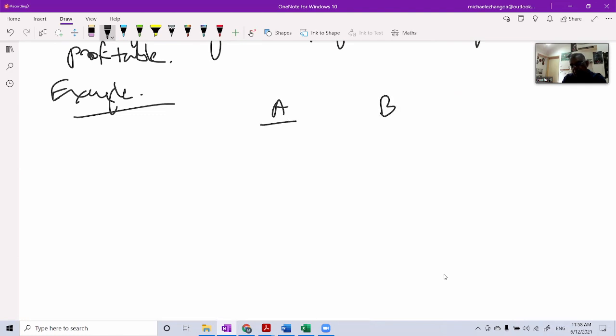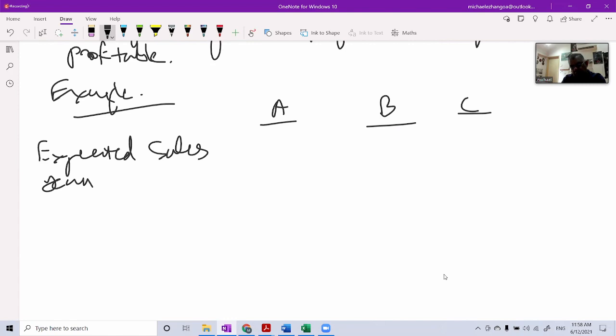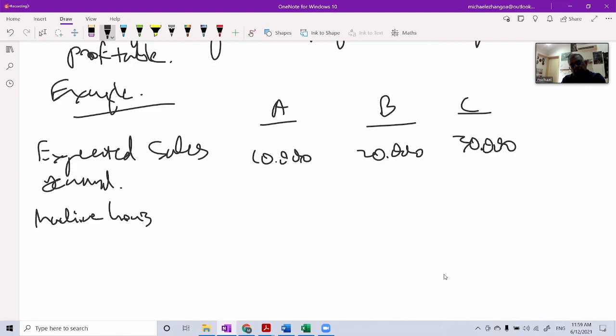Watch the example again. You've got A, B, C, expected sales demand 10, 20, and 30,000. And then you have, let's say, machine hours required per unit: 1 hour, 1.5 hours, and 2 hours.